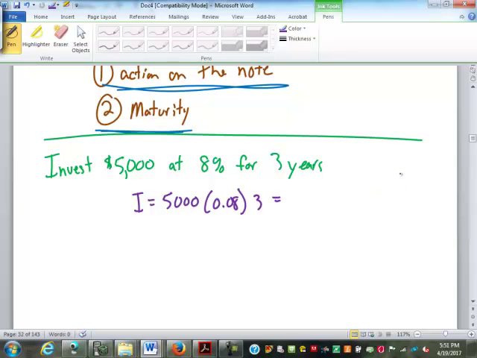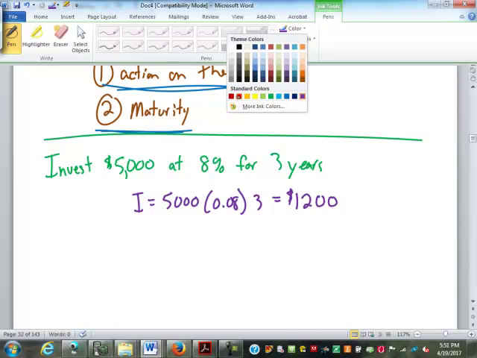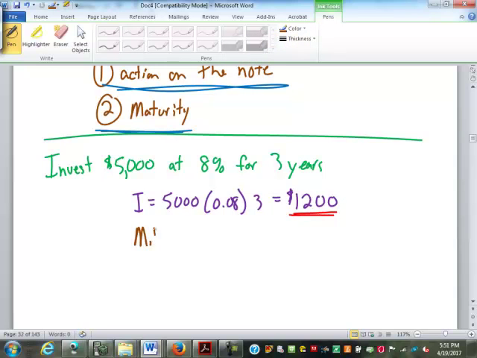Interest is principal times rate times time. And what's that come out to be? $1,200. So that's our interest, $1,200. Then the maturity value is the 5,000 plus the 1,200. So 6,200 is maturity value.